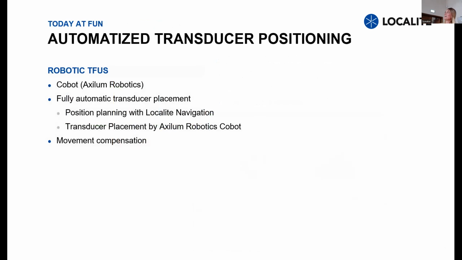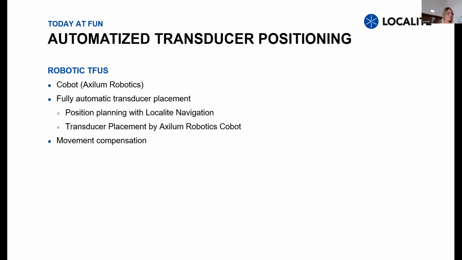For today, we want to show you at our booth an automatized transducer positioning. For this, we again work together with our partners from Axilom Robotics, and we use their TMS cobot, or let's put it differently, they adapted their TMS cobot to be able to position a transducer instead of a TMS coil, and with our adapted navigation, we can position a transducer fully automatically.